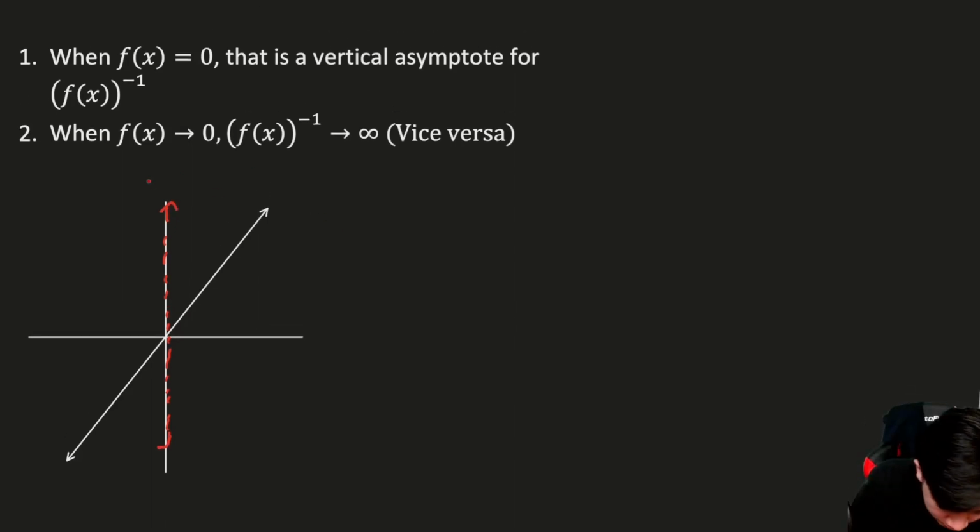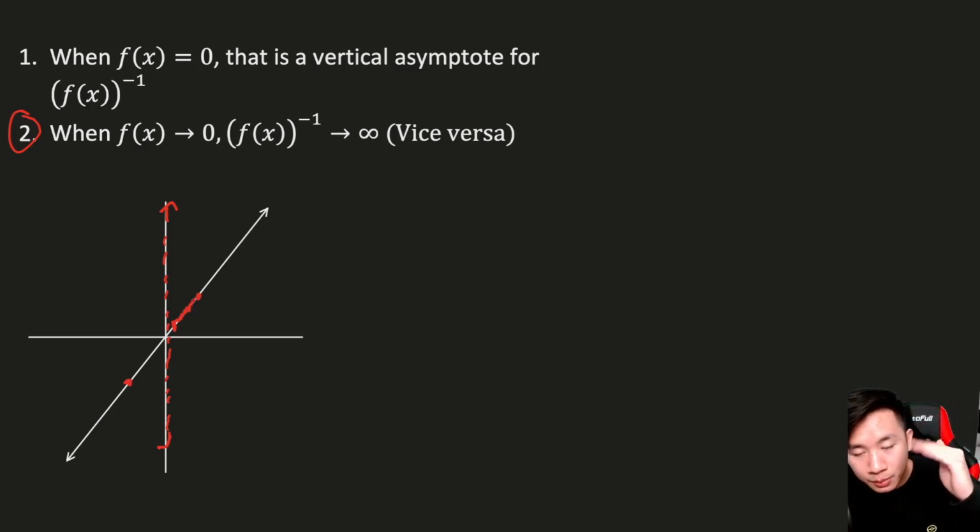Now, let's focus on the second dot point, where it says if the original function approaches 0, then the reciprocal function approaches infinity. So what that means, right, is I'm just going to put a point here. And you see where I'm going with this. But any of these values are going to be approaching 0.